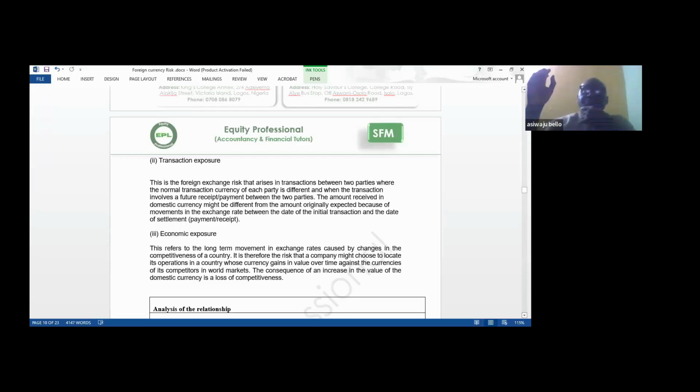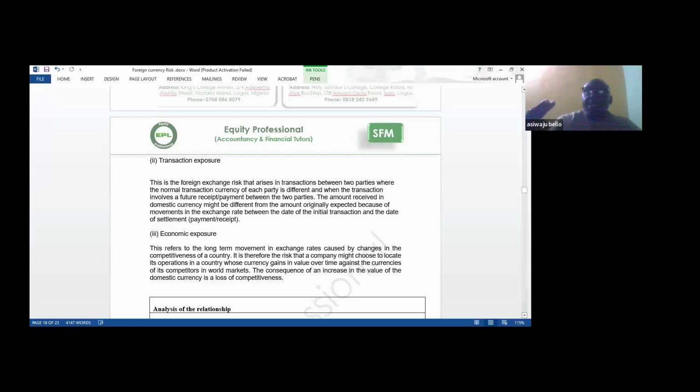For example, if I'm buying goods from South Africa, my company is based in Nigeria. My currency is in Naira. I want to buy goods from a company in South Africa with a currency of Rand.